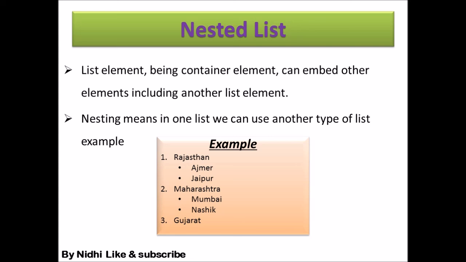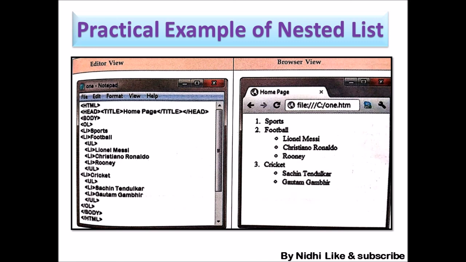In Rajasthan we have different districts, Ajmer and Jaipur. In Maharashtra, Mumbai and Nasik districts are here. And third is Gujarat. This example is just an example of nesting of lists. Here we have used an ordered list, and in the ordered list we have used an unordered list. So see this example.